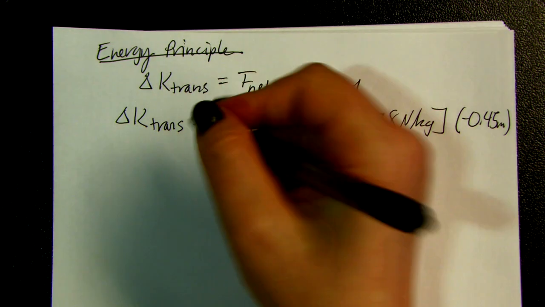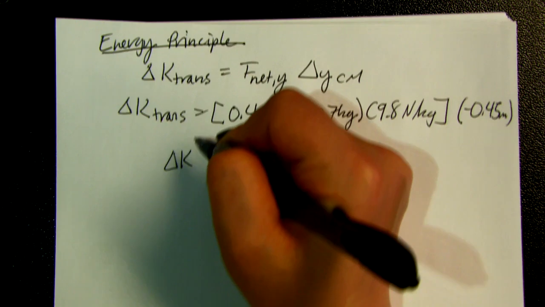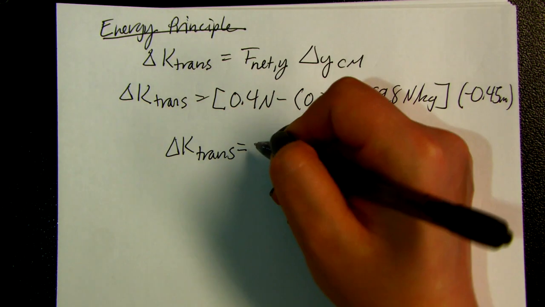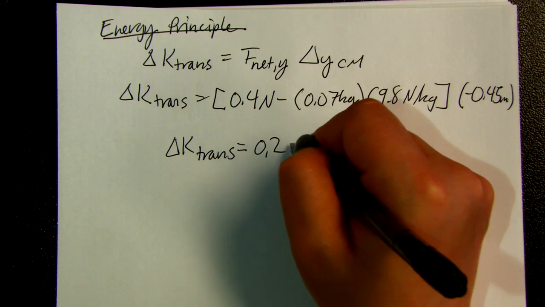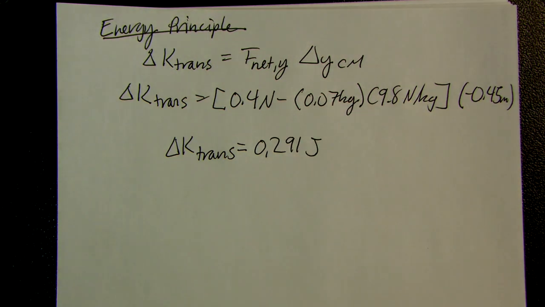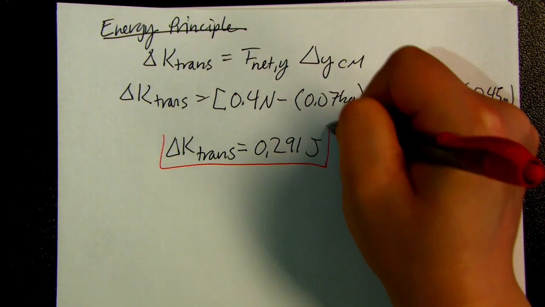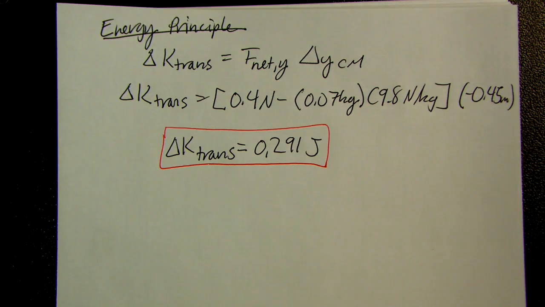It's important later though. So, the change of translational kinetic energy is equal to 0.291 joules. Okay, that's important. Let's put a red box around it. Save it for later.